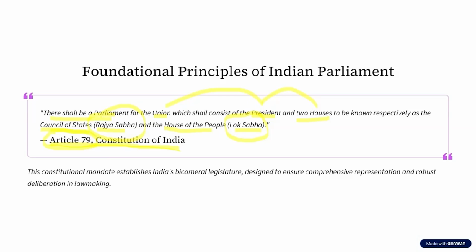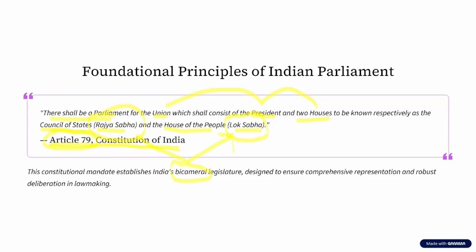Now, before we move forward, having two houses, that is Rajya Sabha and Lok Sabha, what does this mean? This means India's legislature is bicameral. That is, we follow bicameralism. What is bicameralism? It is nothing but having two houses, that is Rajya Sabha and Lok Sabha.